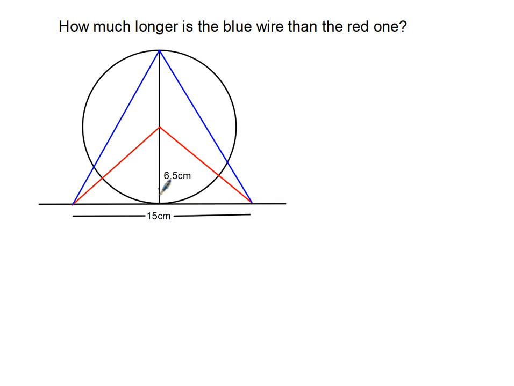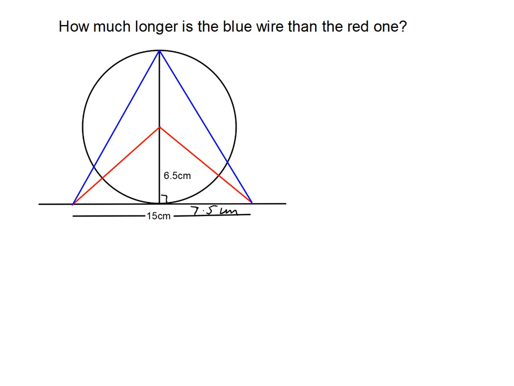And the radius meets the tangent, which means that that is a 90-degree angle there, which is creating us some right-angled triangles. Because it's symmetrical, we know that this base here from the centre to the edge is going to be half of this whole length, which means that that part there is going to be 7.5 centimetres.